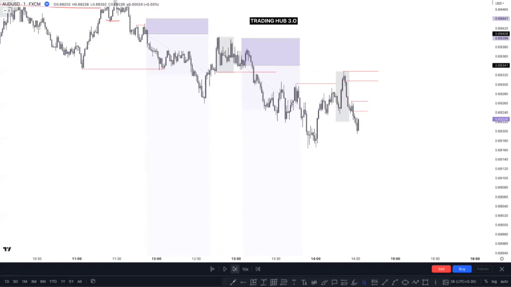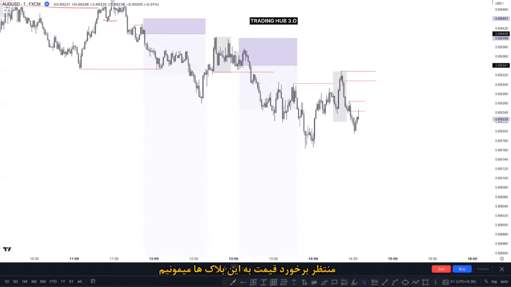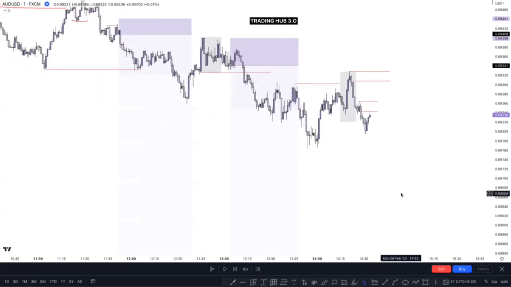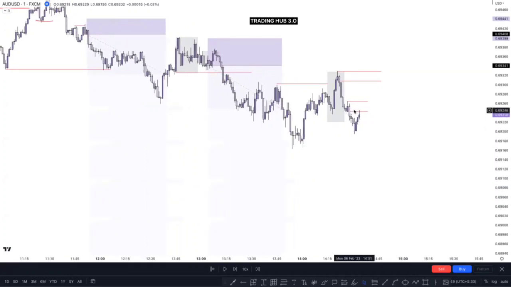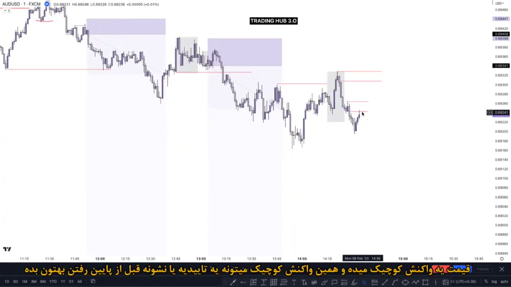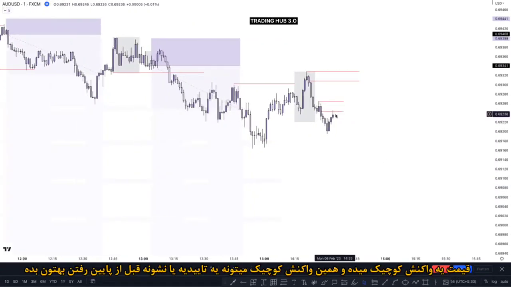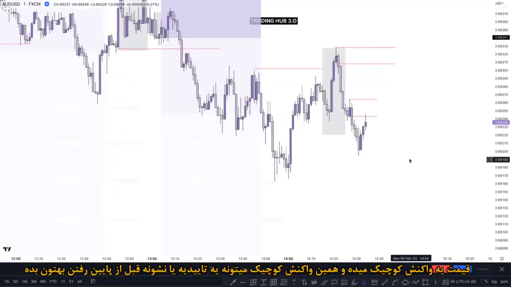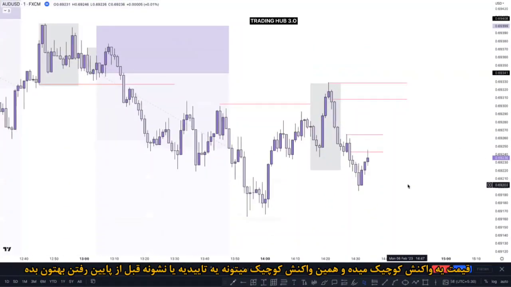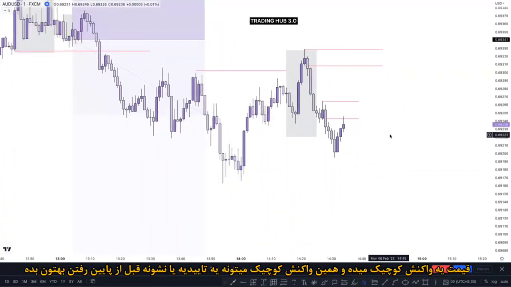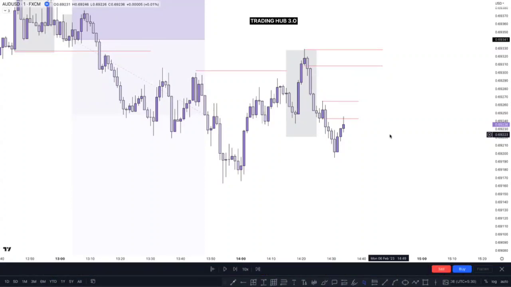Okay, you have to wait for it to mitigate the 1 minute order block. Okay, it gives a small reaction here, and once the market gives a reaction here, you have to prepare, because the market can give you a confirmation, like an indication before a downside move, right?